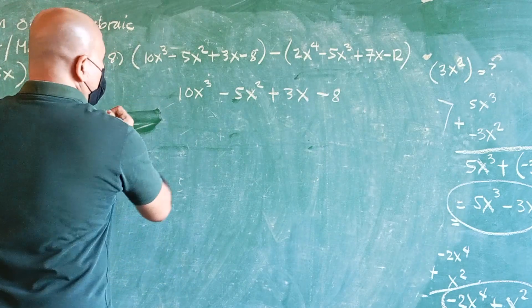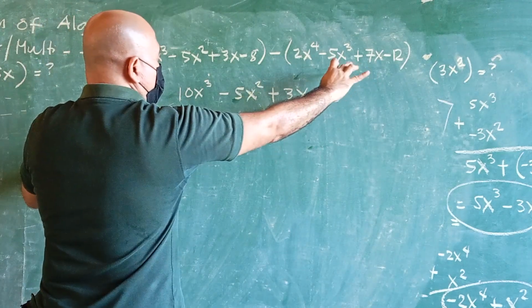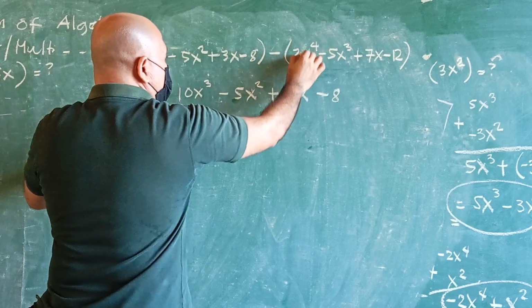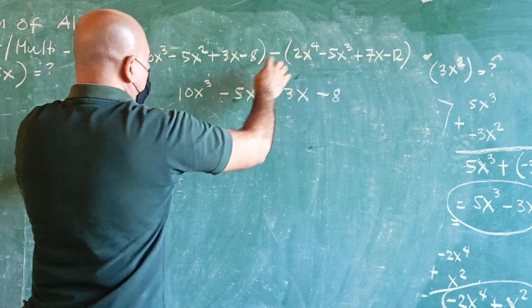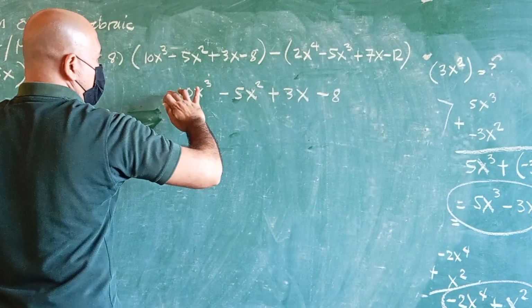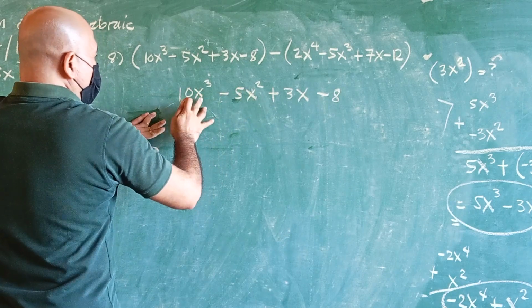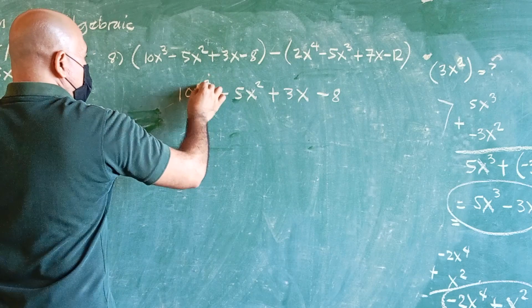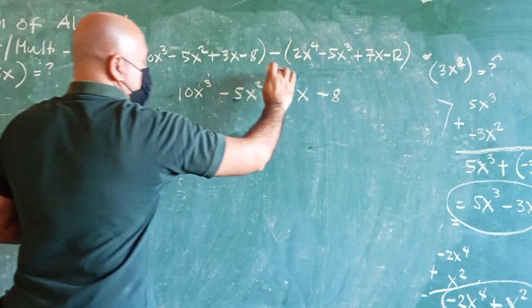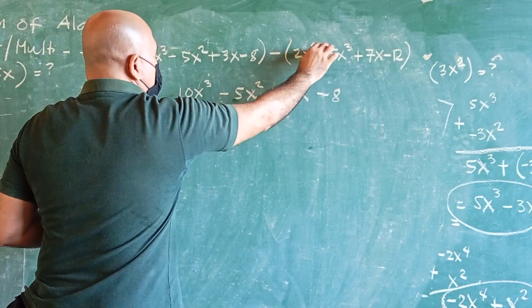If you can see, the subtrahend has 4 as the degree or the highest exponent, but the first line here, the first multinomial as the minuend, the degree is 3, but for the second, the subtrahend, the degree is 4.